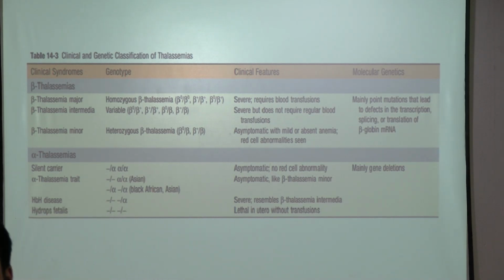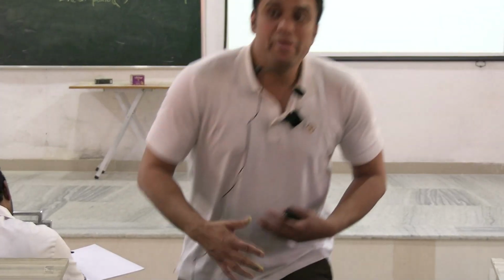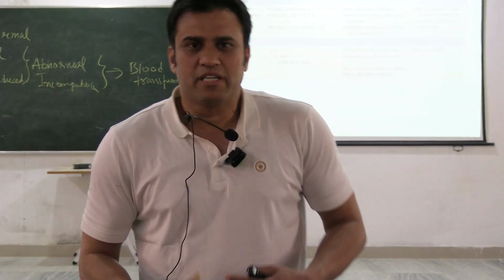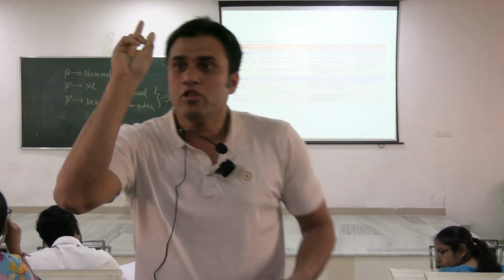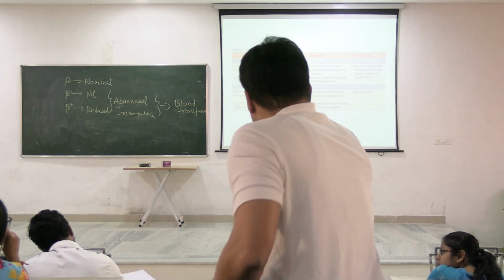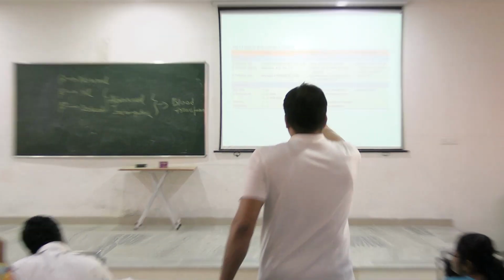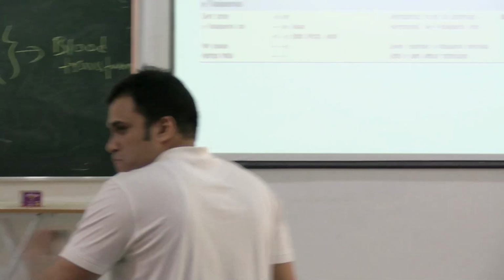It can be beta-0 beta-0, beta-plus beta-plus, or beta-0 beta-plus. Both beta genes are abnormal. So such patients without blood cannot survive, and require severe blood transfusions.